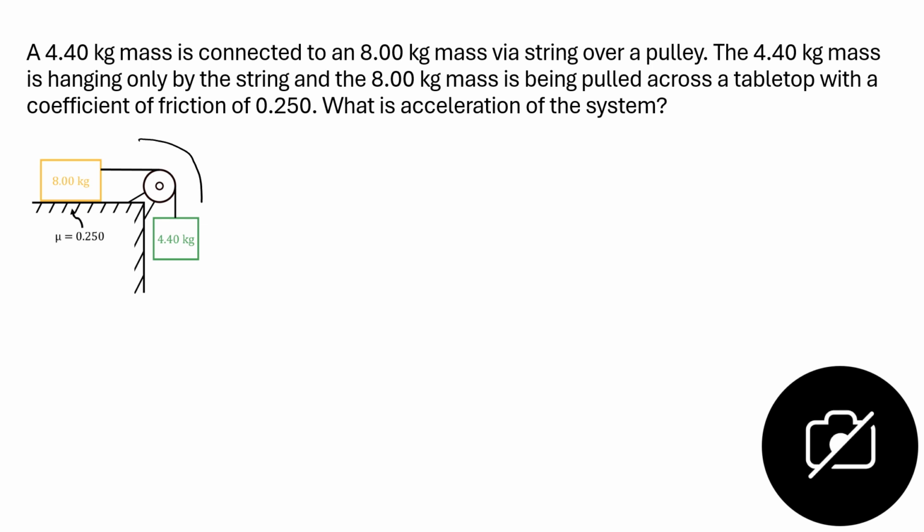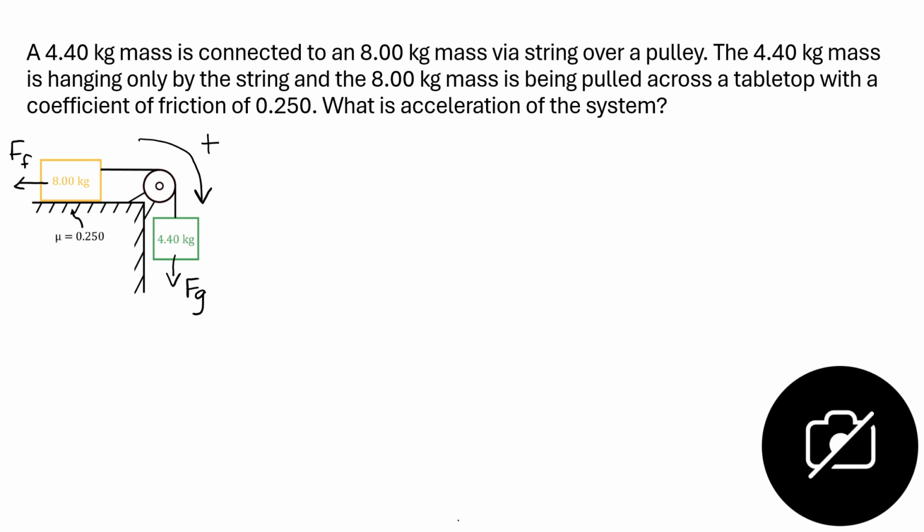We would still have the positive direction going around the pulley, but we'd pretend the pulley wasn't even there, and that the Fg acting on this and the F friction acting on this box were the things pulling the system forward and holding it back. So let's go from that perspective and look at how that would look.